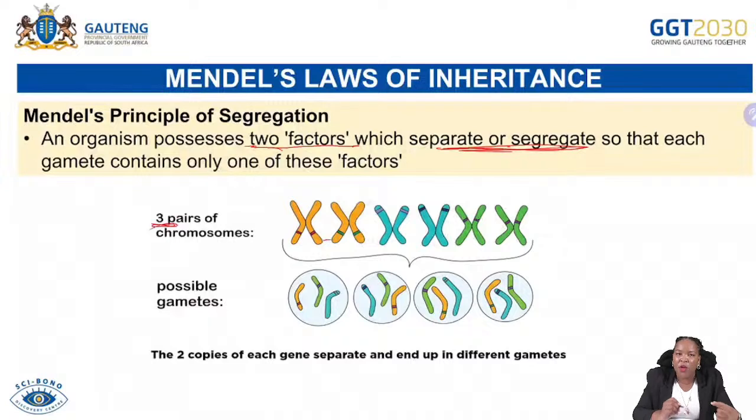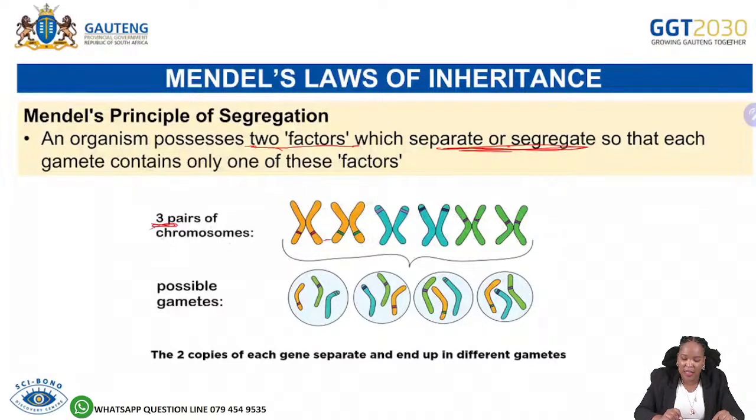During meiosis, these are going to separate. What does this mean? Each gamete, remember, meiosis is the process where we are forming gametes. So each gamete is going to have one of each of these during that segregation.